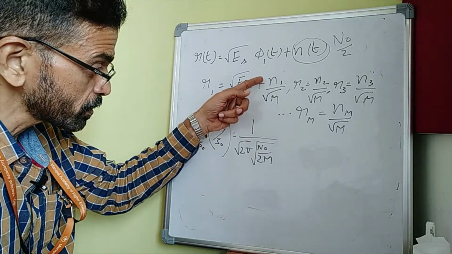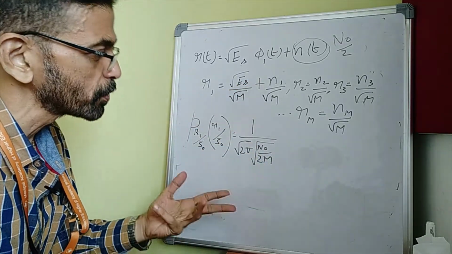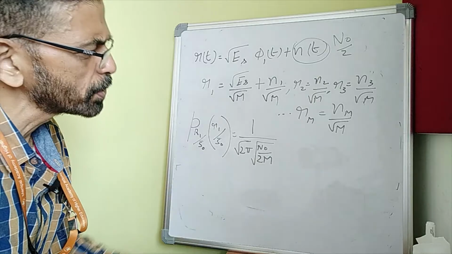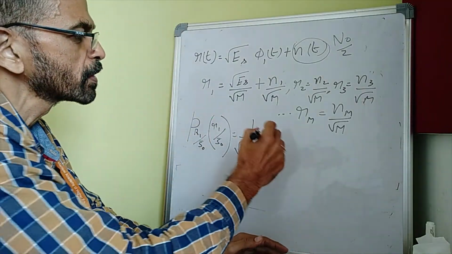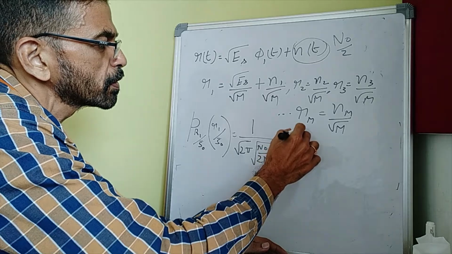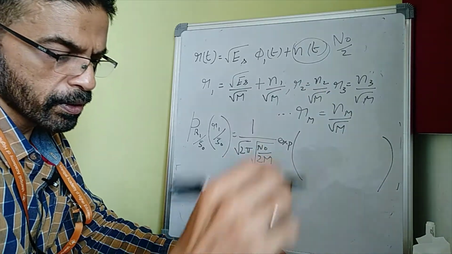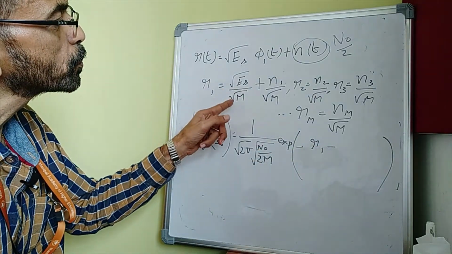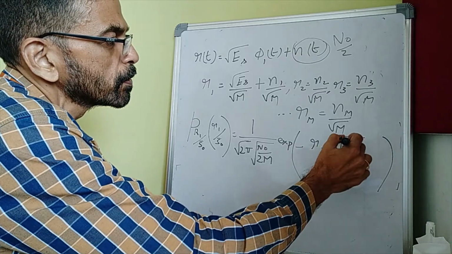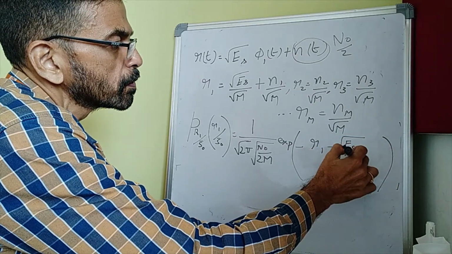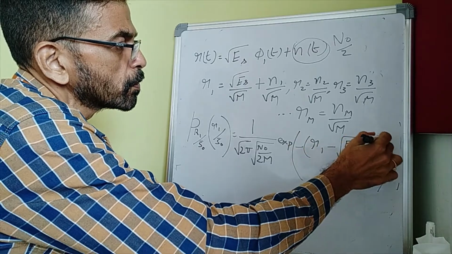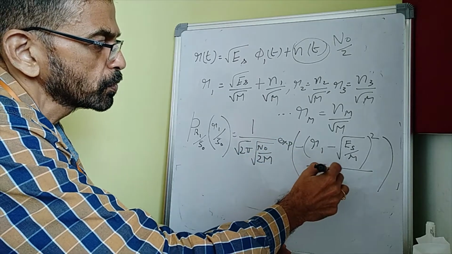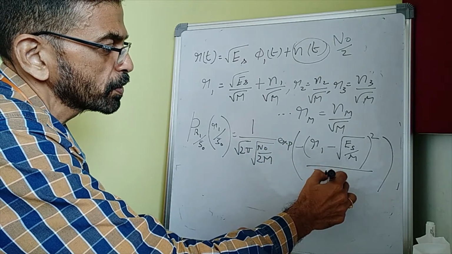The standard deviation is the square root of N0 by 2, variance is N0 by 2, and because of the branching, the standard deviation gets divided by root M, or in other words, the variance gets divided by M. Then e to the power minus (r1 minus the mean, which is root Es by M) whole square, by 2 sigma square, so 2 into N0 by 2M.